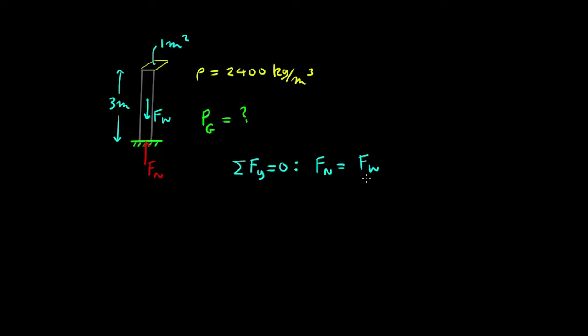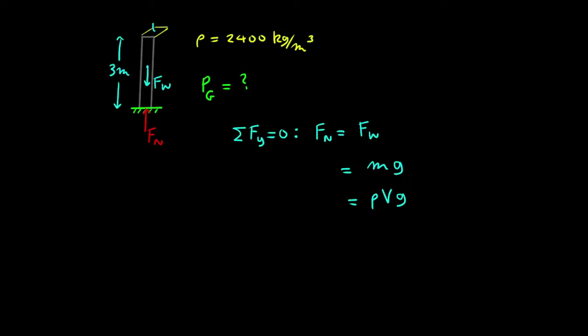And what do we know about the force of weight? Well, that's the mass of the column times the gravitational acceleration. And we know that mass is equal to the density times the volume of the column. We're given that the density is 2400 kilos per cubic meter.